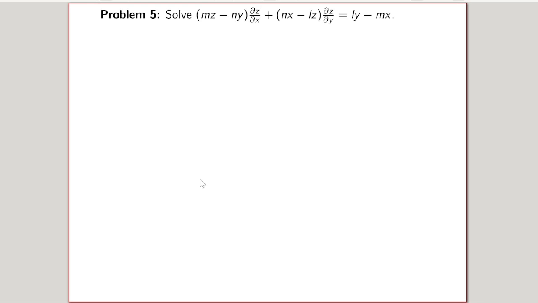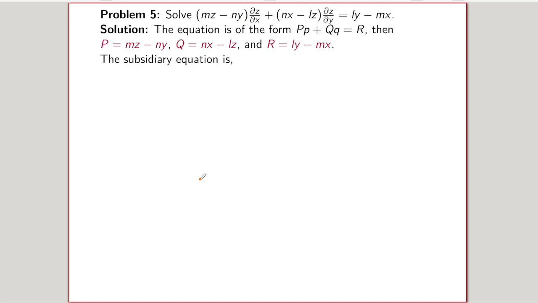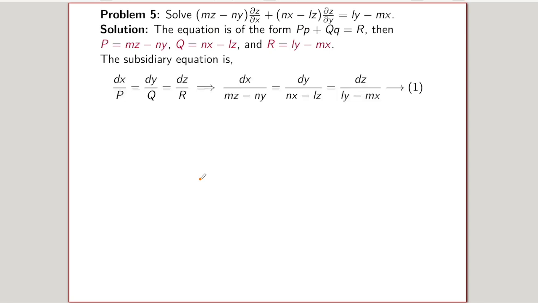So next problem. This will be our capital P, this is our capital Q and this will be our capital R. Next, writing subsidiary equations, we'll be getting this term. Now we have to find the multipliers. Let us first fix l, m, n, then observe the variables x, y and z.